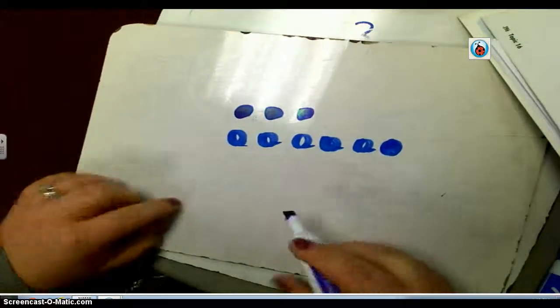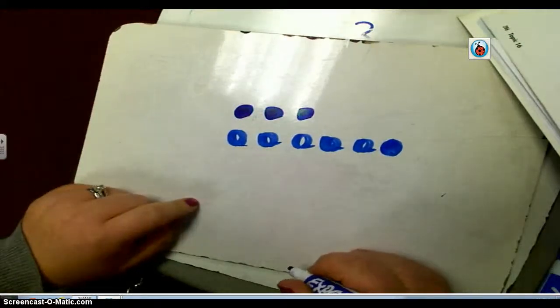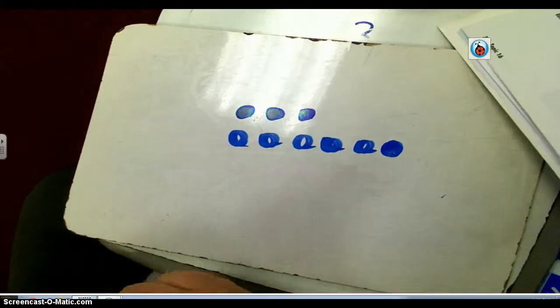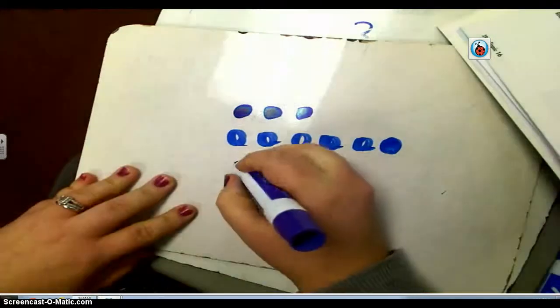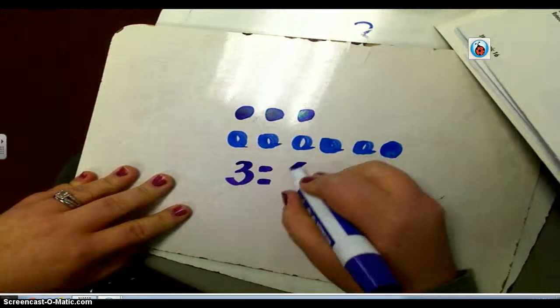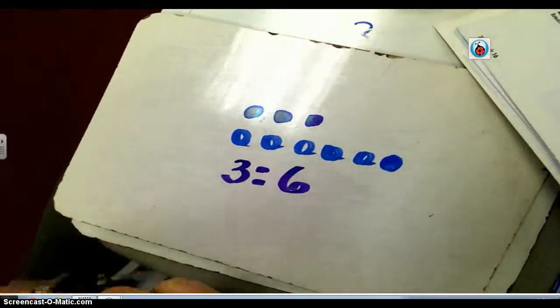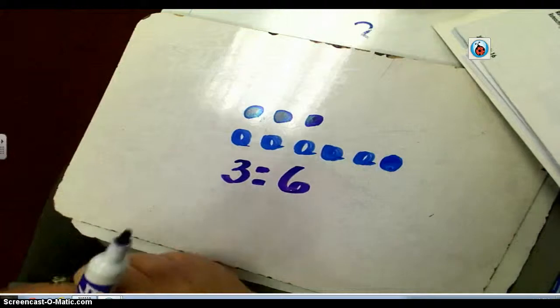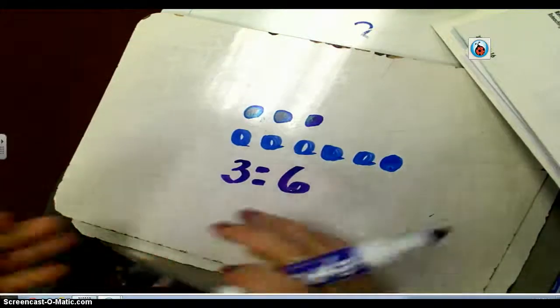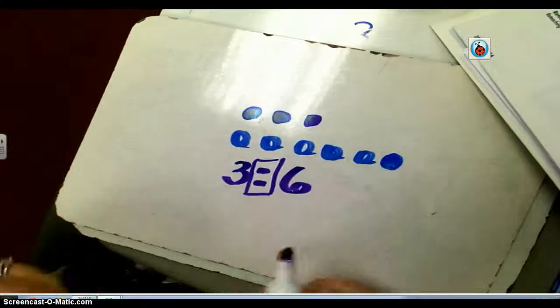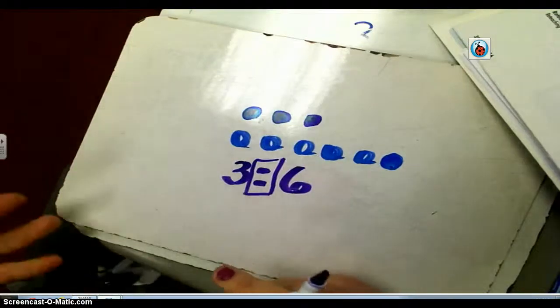So how could I take this and write a ratio? There are 3 purple dots for every 6 blue dots, right? There's my ratio. Okay? These 2 dots tell me that I'm dealing with a ratio.